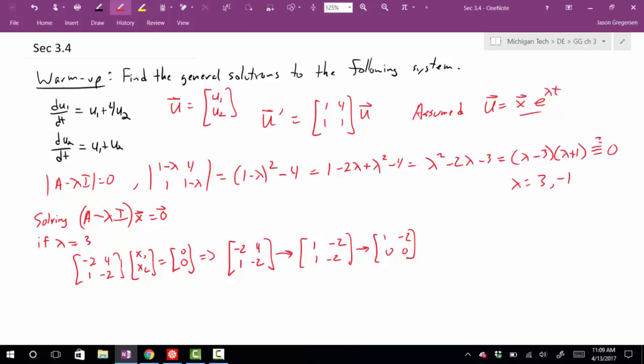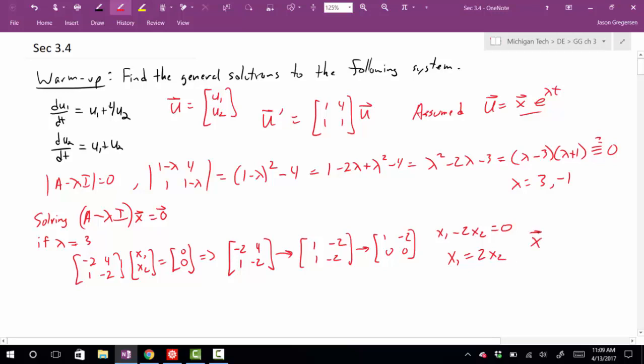All right, now I'll rewrite this in terms of the equations. That first row is associated with the equation x1 minus 2 x2 equals 0. If I want, I could solve that for x1 to make it a little bit easier.